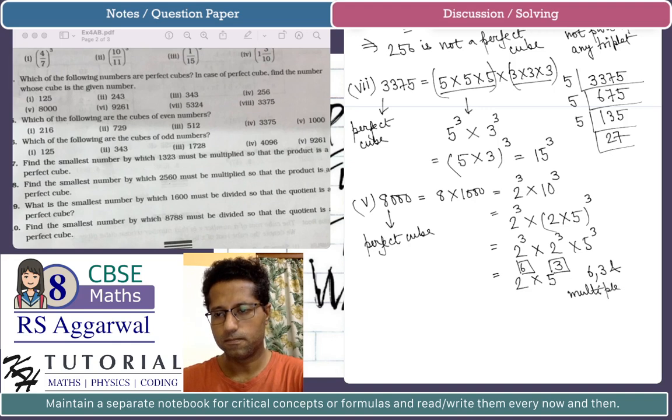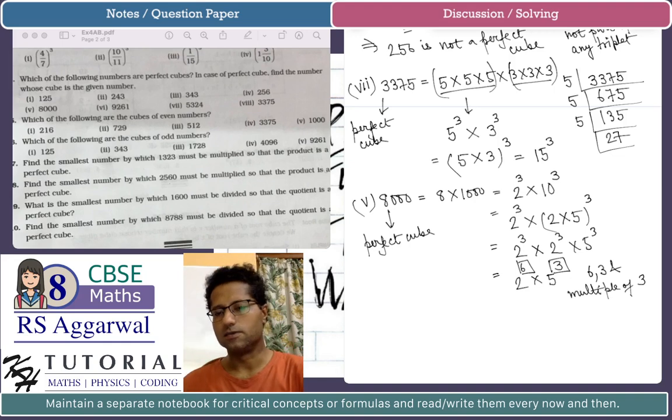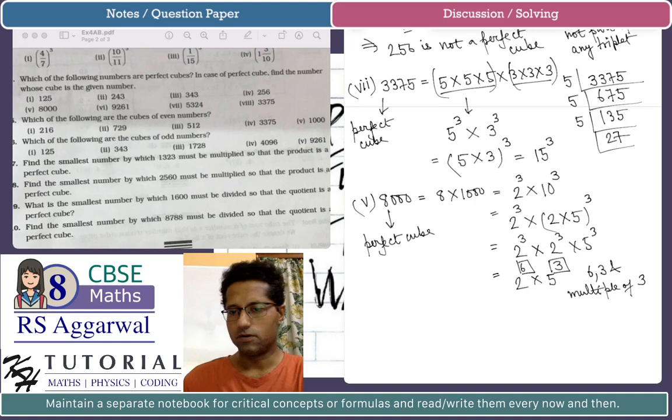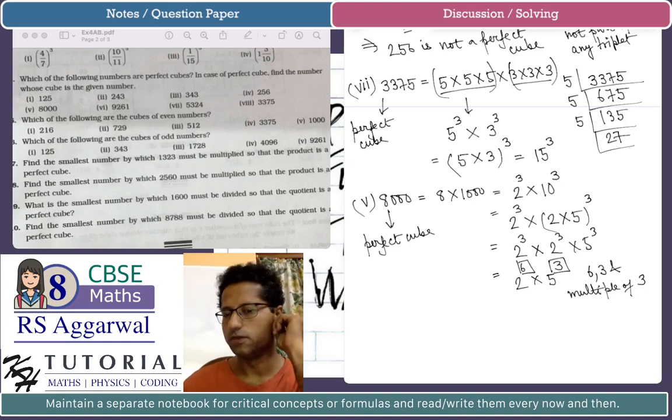If we express any number as the product of powers of prime numbers, and all the powers of the prime numbers are multiples of 3, then the number is a perfect cube.